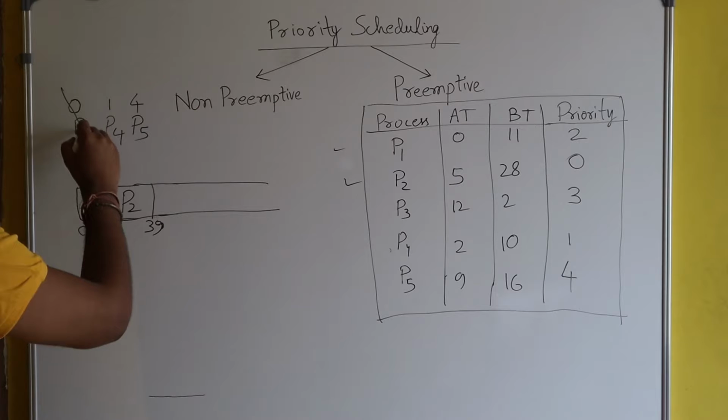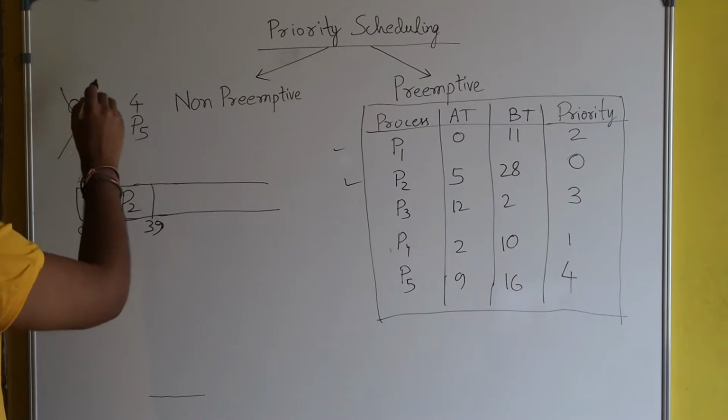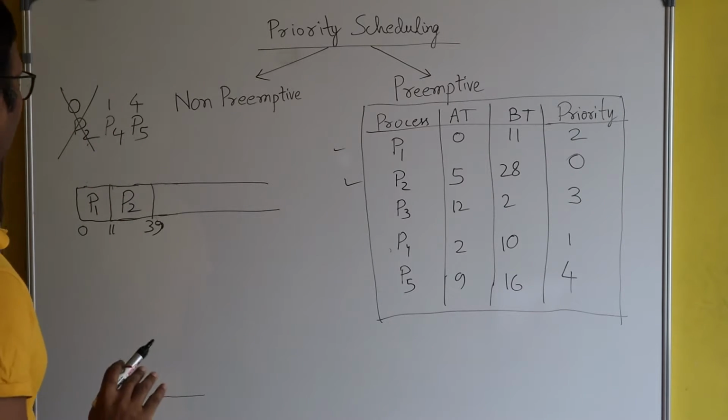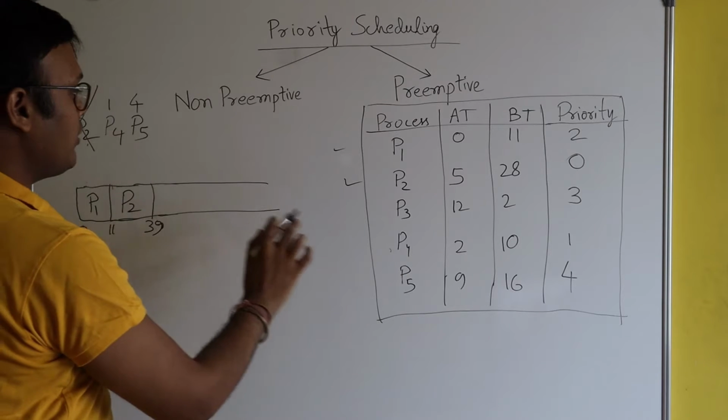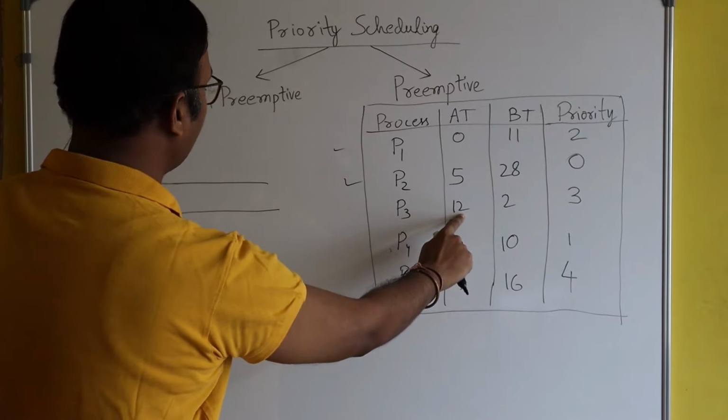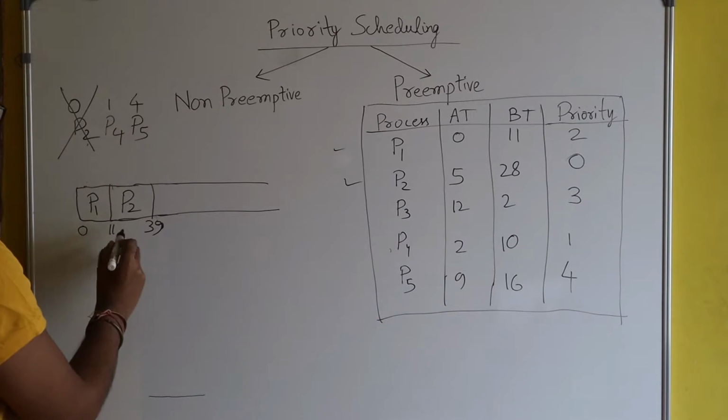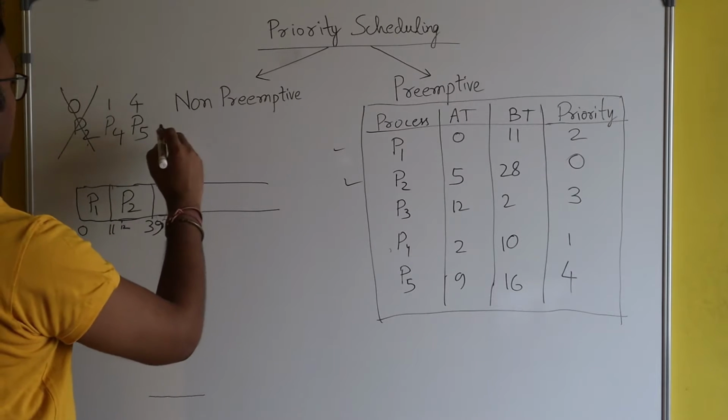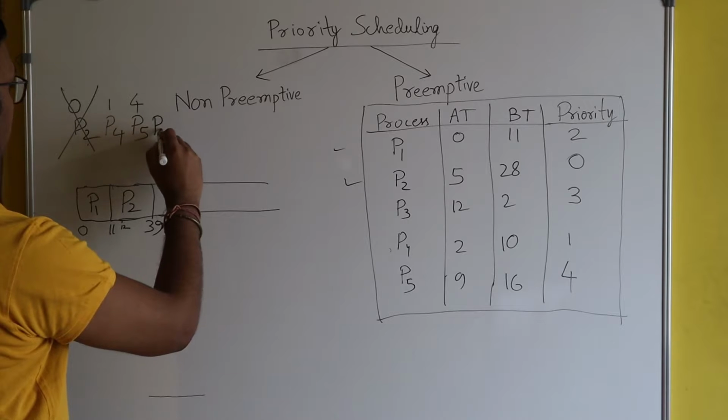Since P2 is already completed, just remove it. Now we have P4, P5, and P3, which came at 12 seconds. So P3 is also available.